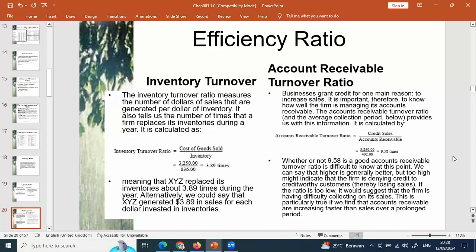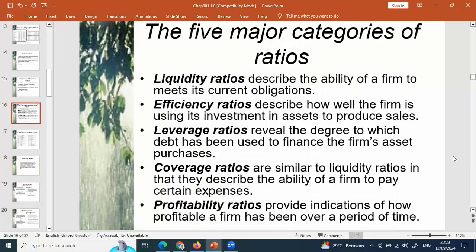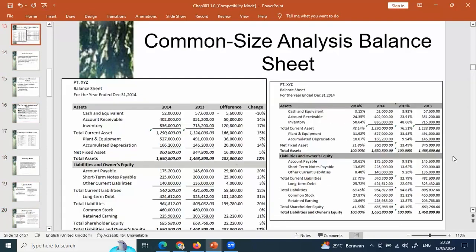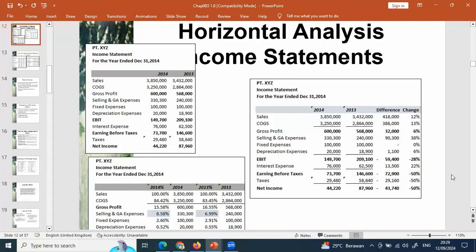And then inventory turnover. Inventory turnover is cost of goods sold divided by inventory. How much is cost of goods sold? Cost of goods sold is 3250. This is the cost of the material, how much you pay for inventory.